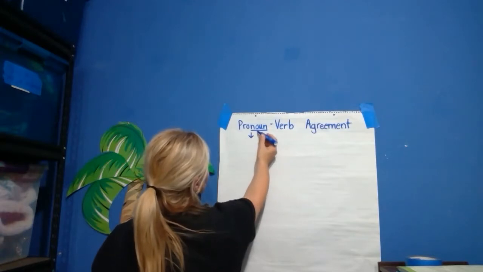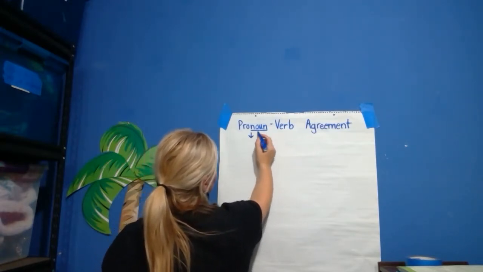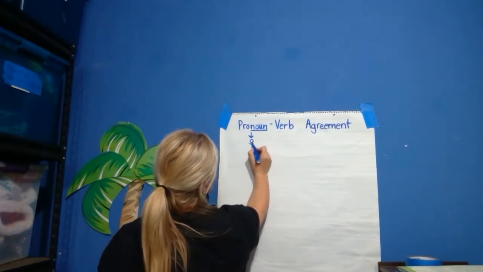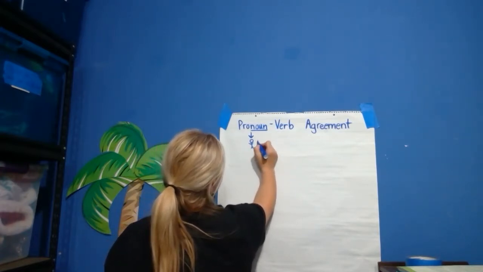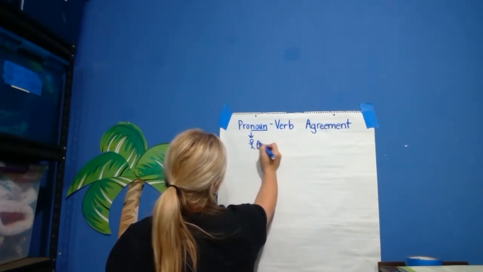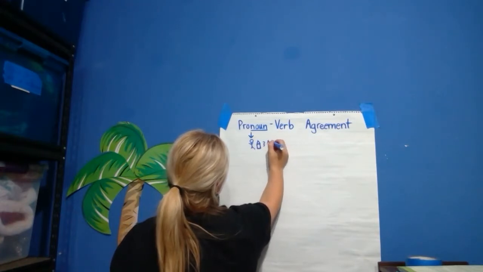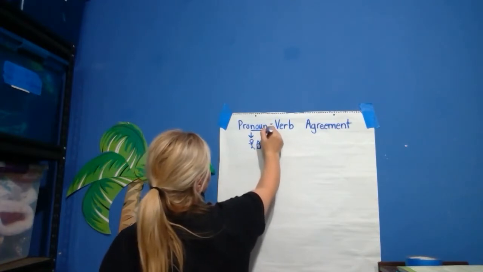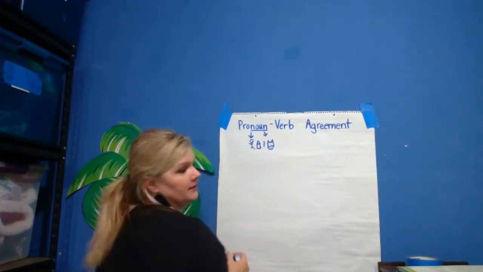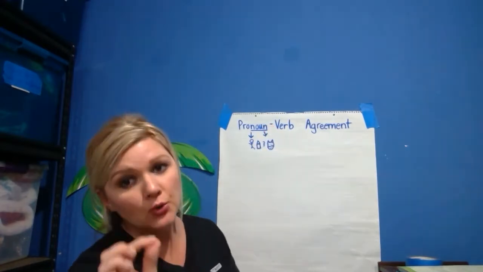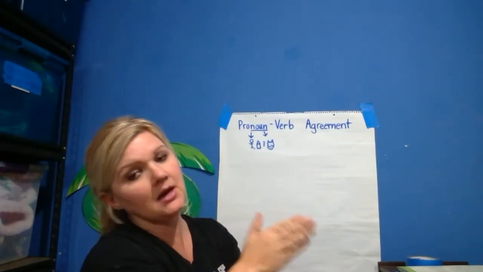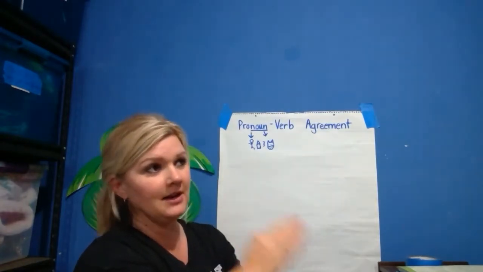Our noun is a person, a place, a thing, it could be an animal. That's our noun. But a pronoun takes the place of a noun.